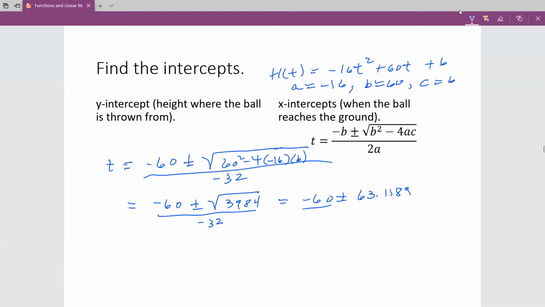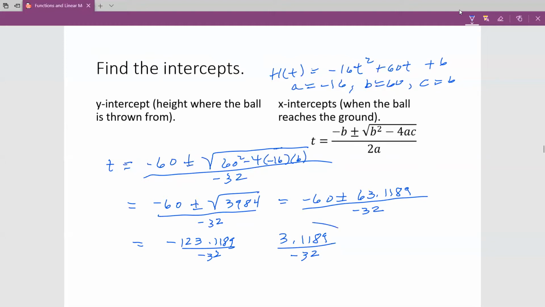I'd go out to about 4 decimal places, divided by minus 32. And you get minus 123.1189 divided by minus 32, and 3.1189 divided by minus 32.